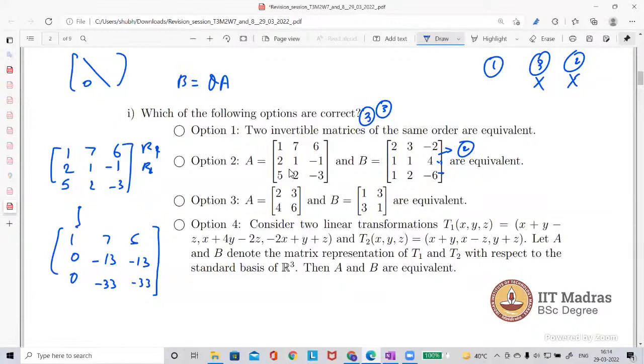able to find a P and Q such that we can write B as Q times A times P. To find Q, you write an identity matrix here, 0 0 1, and write the matrix A, and on the right write the matrix again of that order.